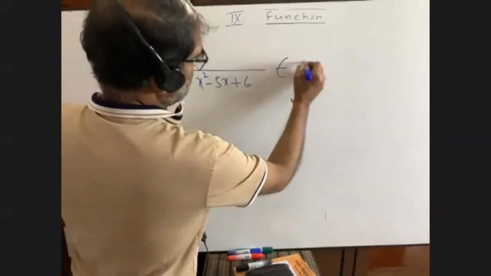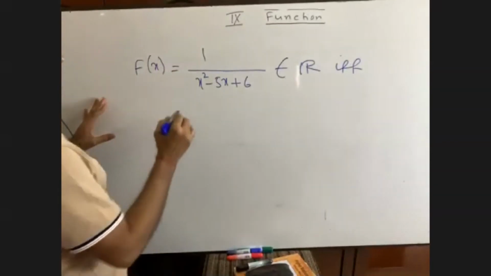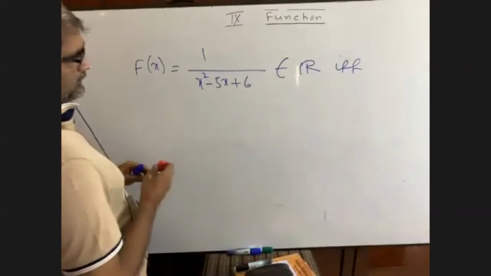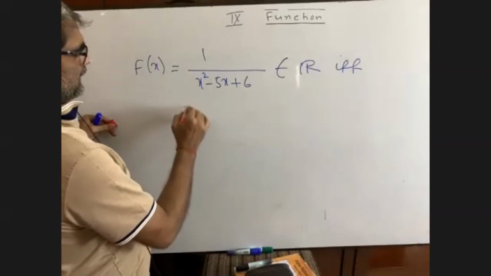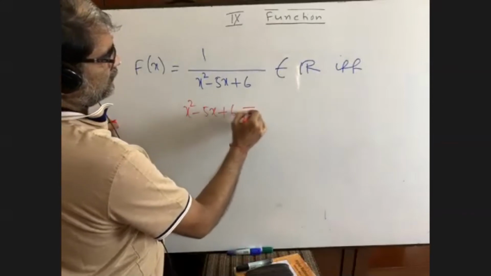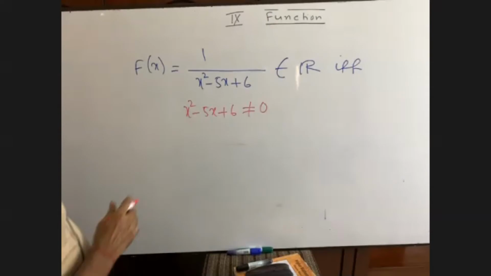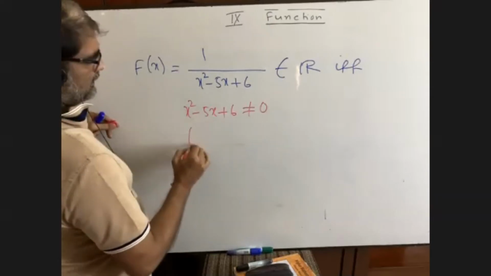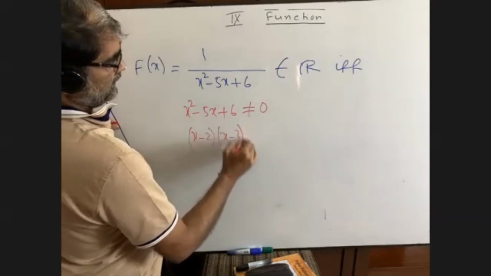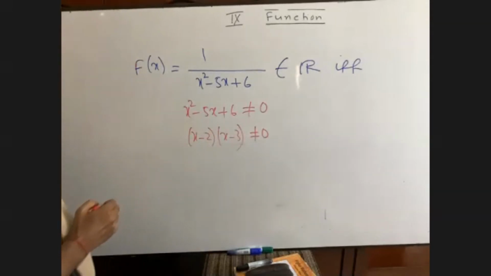x belongs to R if and only if, what is the definition I told you? x squared minus 5x plus 6 is not equal to 0. So if I calculate it, we get (x minus 2)(x minus 3) is not equal to 0.